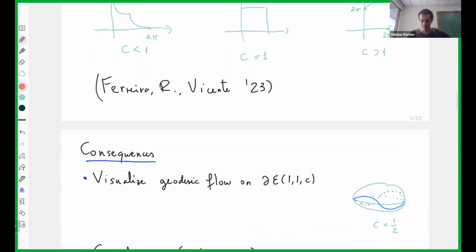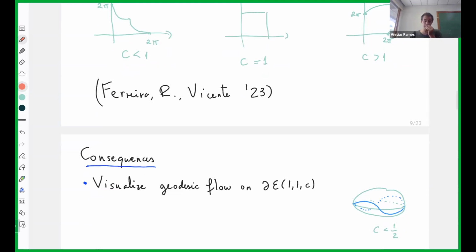So, for example, there is this nice property which maybe some of you who have looked at the geodesic flow of ellipsoids are familiar with, which is that if this parameter C is less than 1/2, so it's very oblate, then there is a new family of simple geodesics that goes up and down twice, which I drew here, and it's an S1 family.